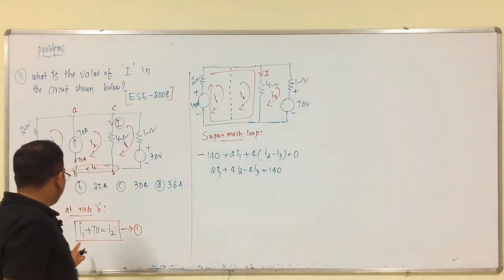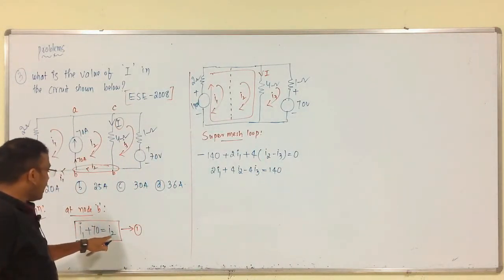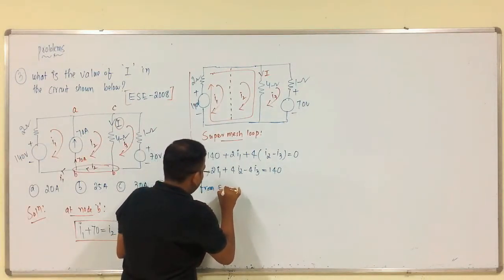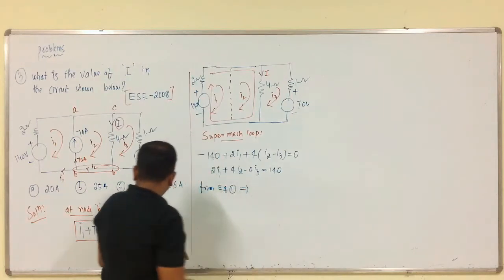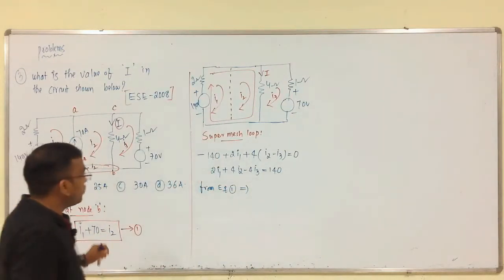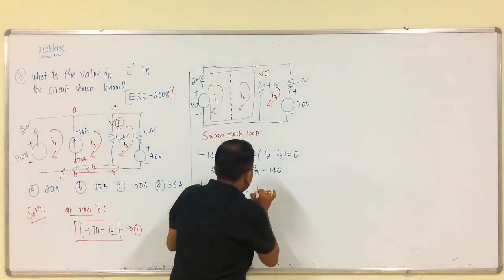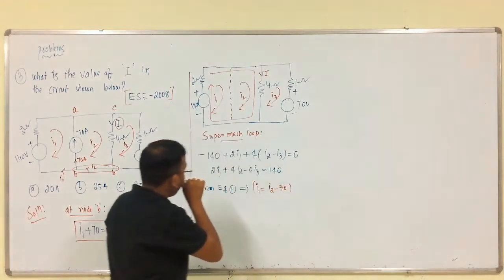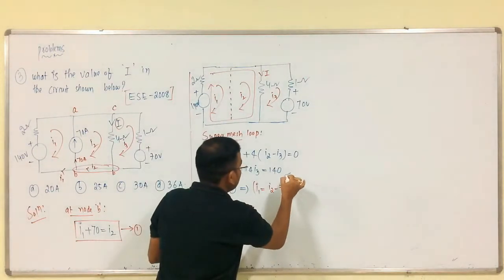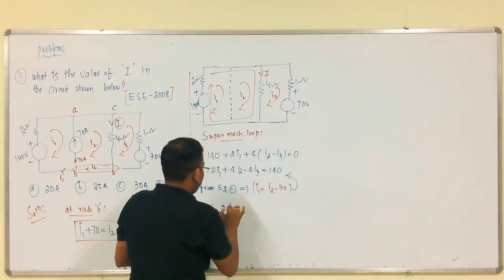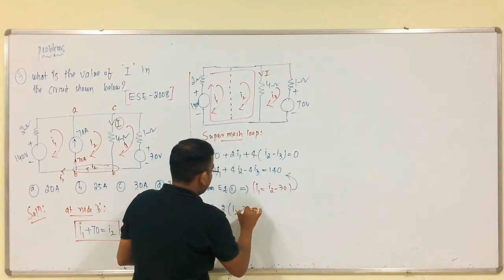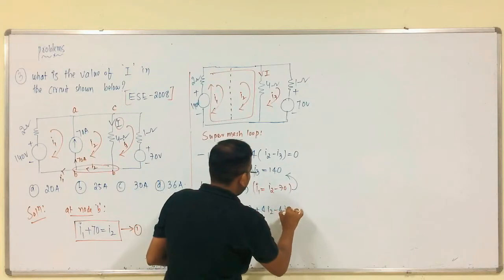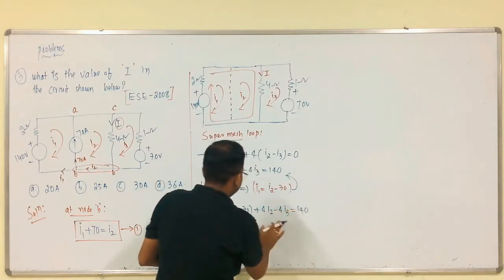We substitute I1 equals I2 minus 70, from equation 1. Therefore, 2 into I2 minus 70 plus 4 I2 minus 4 I3 is equal to 140.